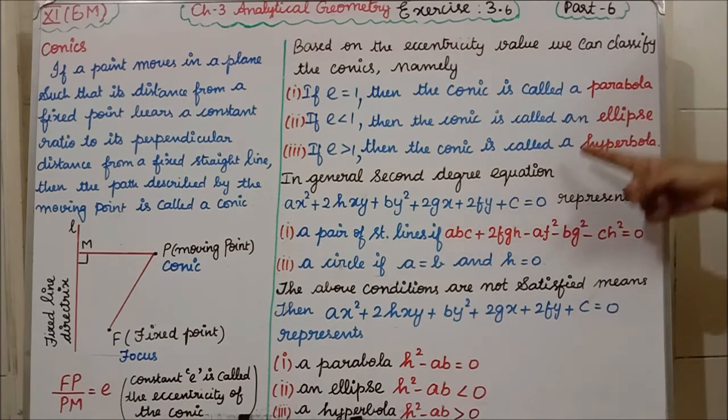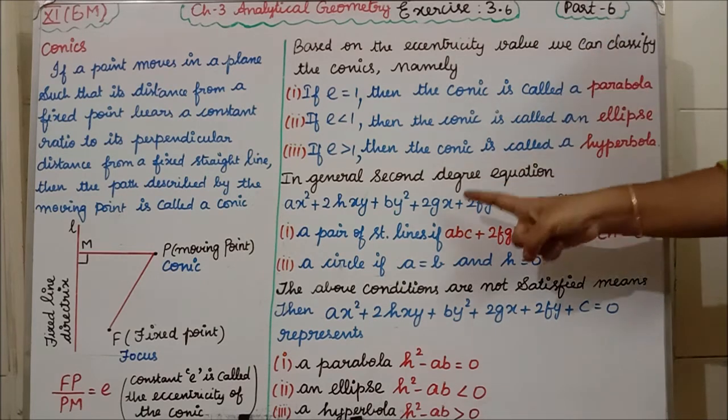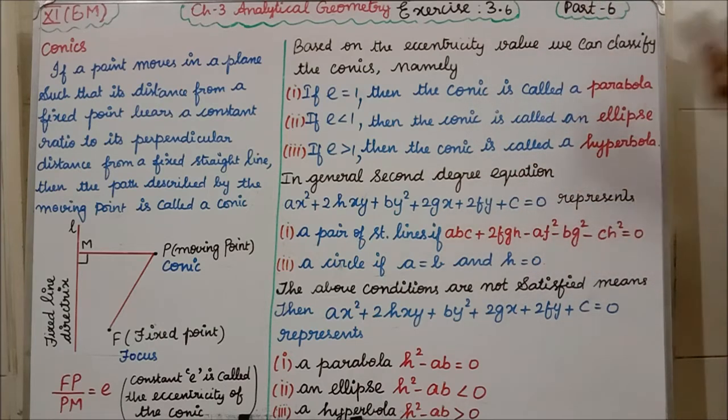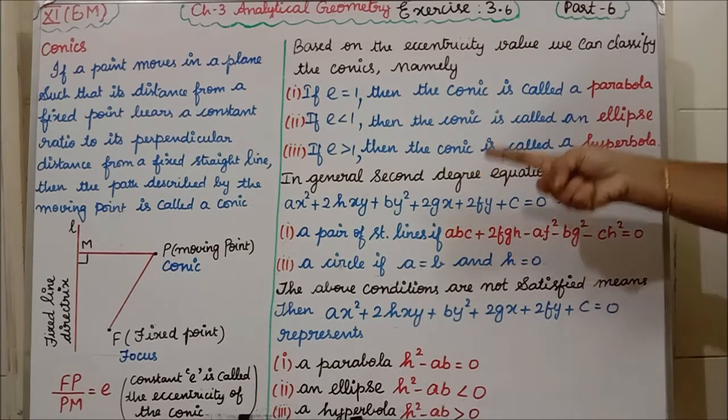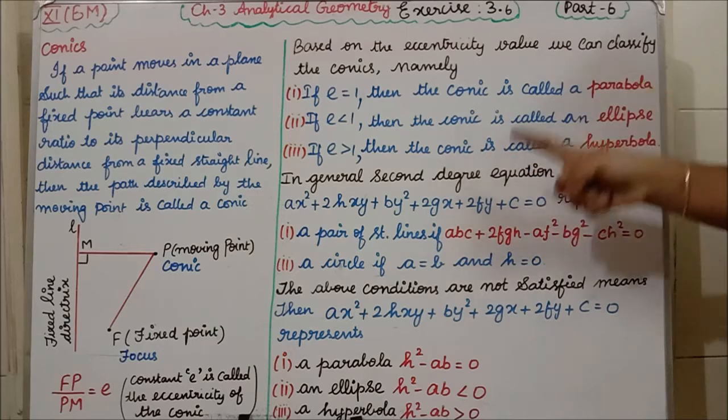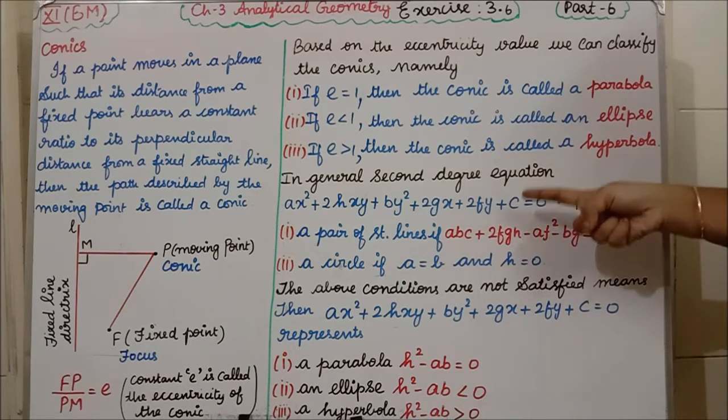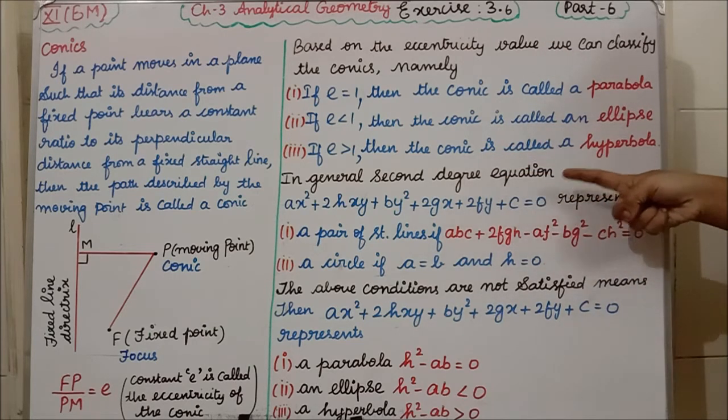A second order degree equation should have an x square term, xy term, y square term, x term, y term, and then a constant. I told you, isn't it? Which is nothing but ax square plus 2hxy plus by square plus 2gx plus 2fy plus c equal to 0.